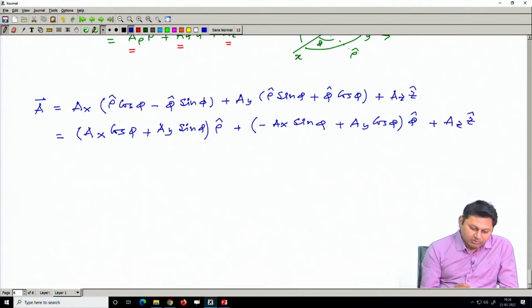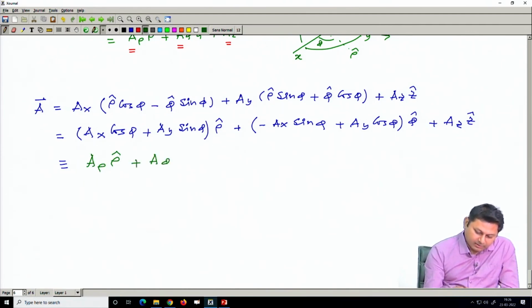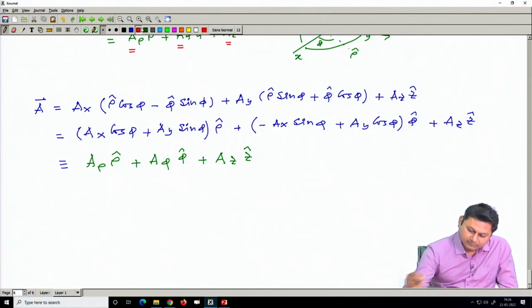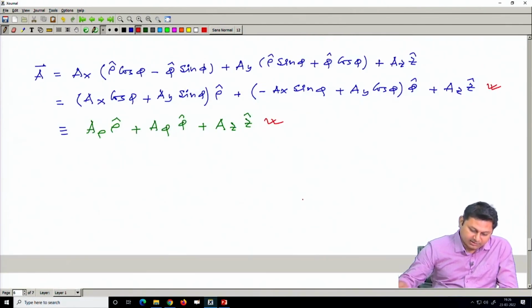Now, this vector is equivalent to A rho rho unit vector plus A phi phi unit vector plus A z z unit vector. These two vectors are the same, and the unit vectors are the same, so obviously component-wise we have the same values. So I can now get a relationship between the components.